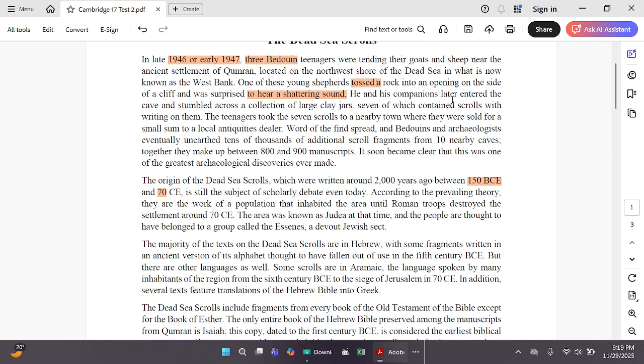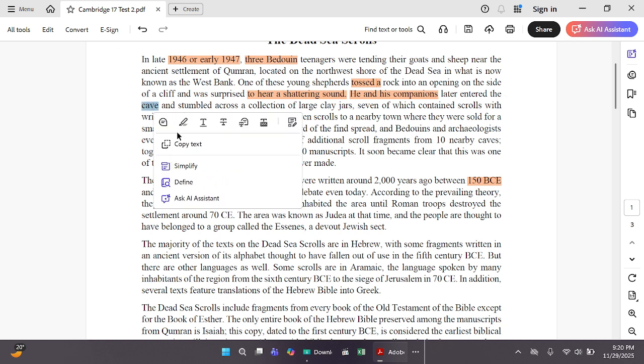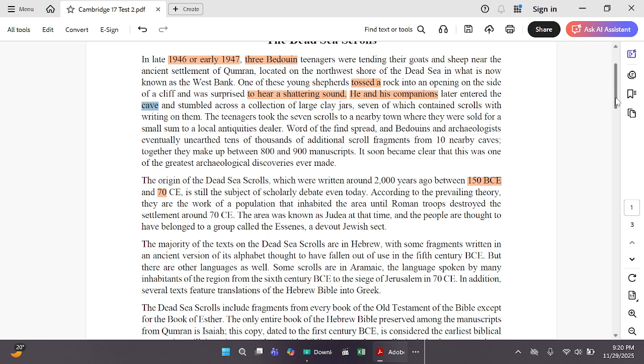He and his companions later entered. Look, he and his companions, that means they. Okay, they later entered the cave. Here the answer directly is they entered the cave. So this is the answer. And we are trying to identify the next answer.